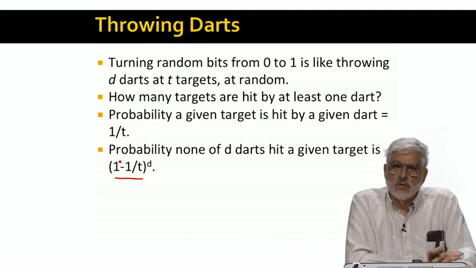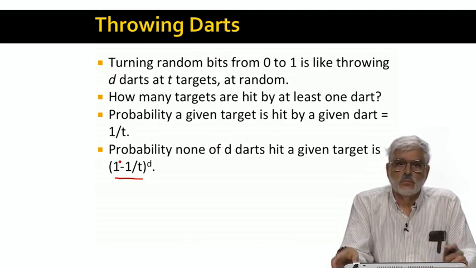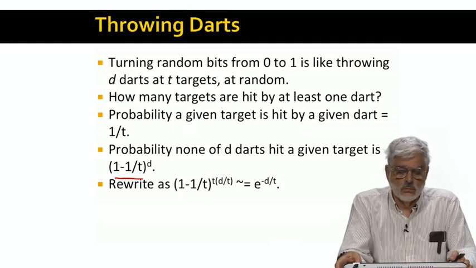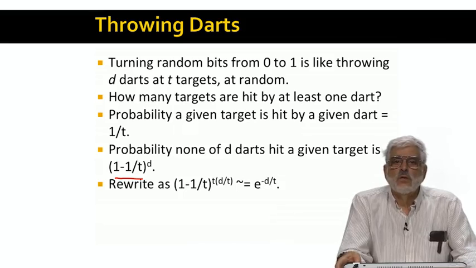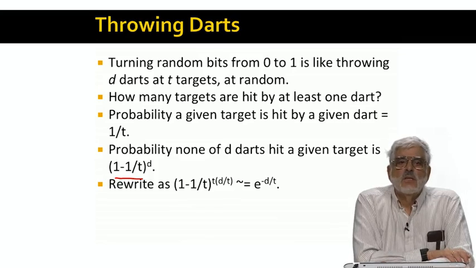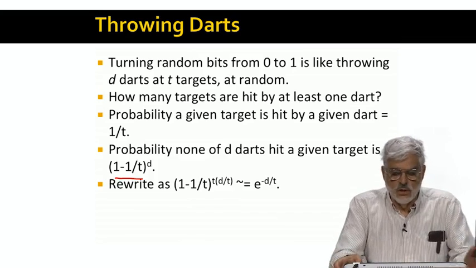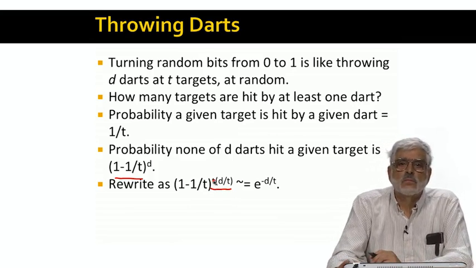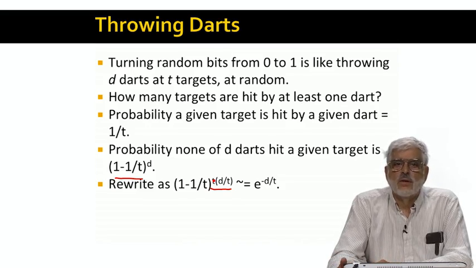And when we raise this to the dth power, we get the probability that no dart hits. I'm going to rewrite the power d as t times d over t. Obviously, that's just another way of writing d.